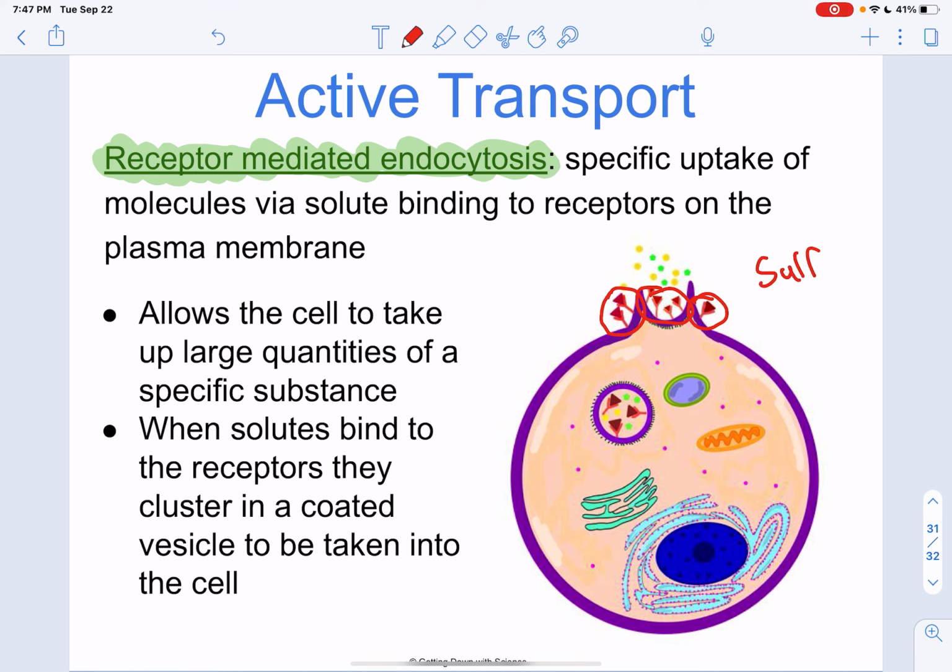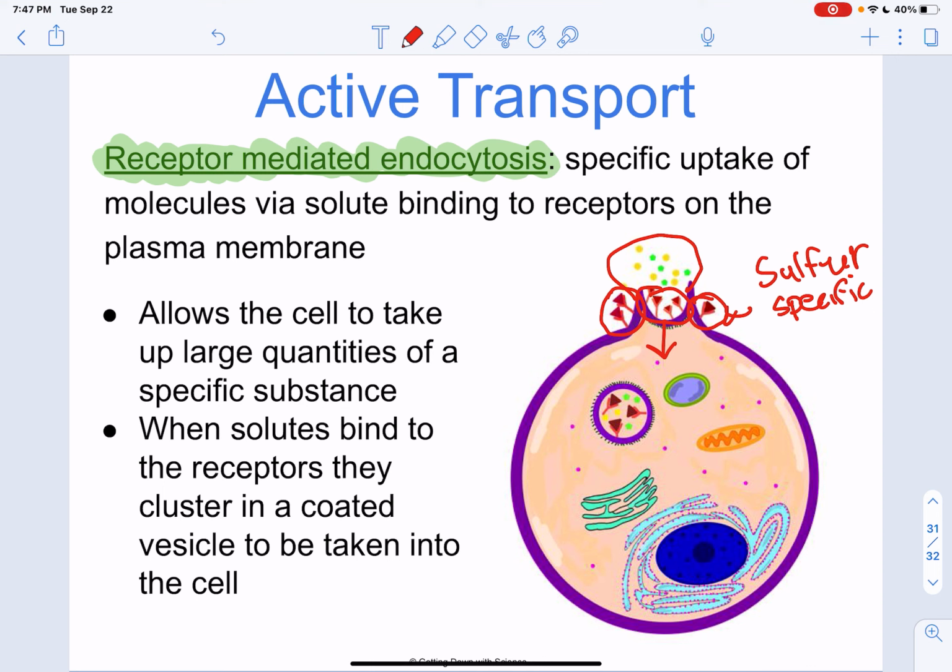They want sulfur, so these are going to be sulfur specific. They will wait until sulfur is attaching to these receptors. And once they have collected enough sulfur, it will engulf it into a vesicle and bring it to the inside.